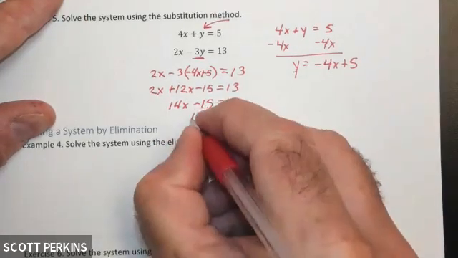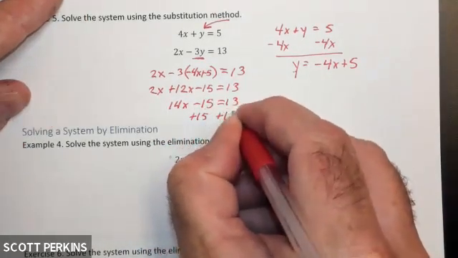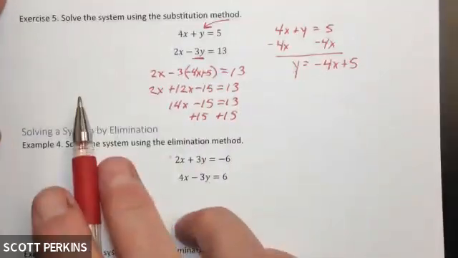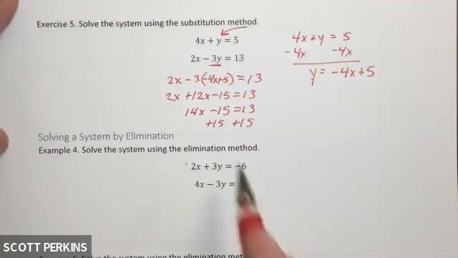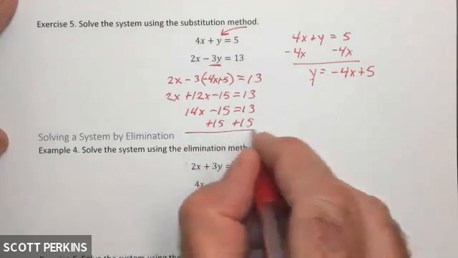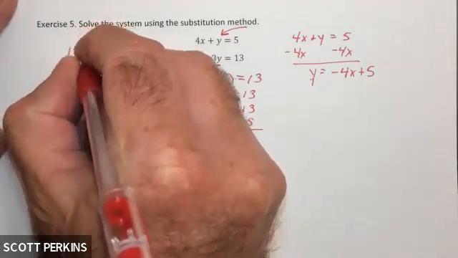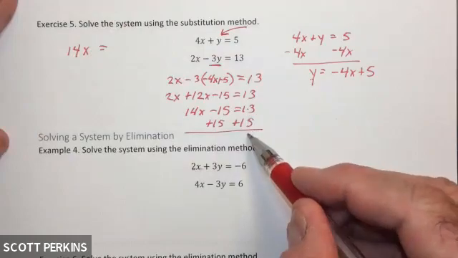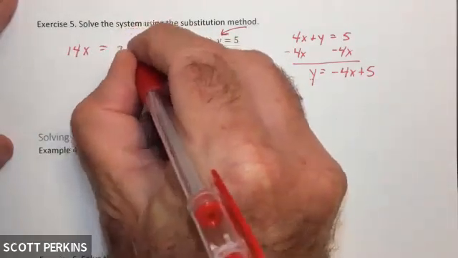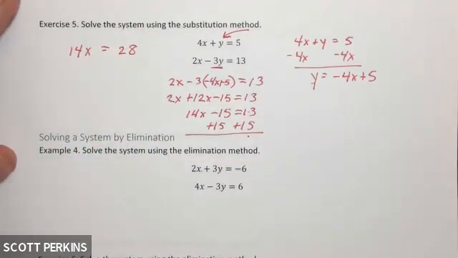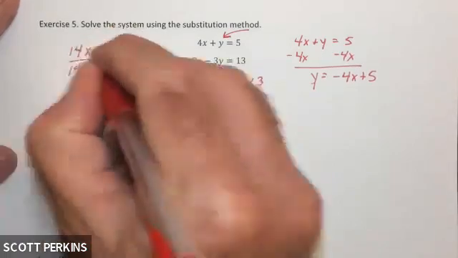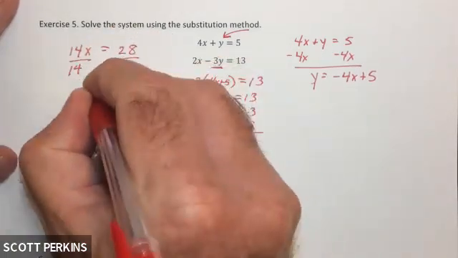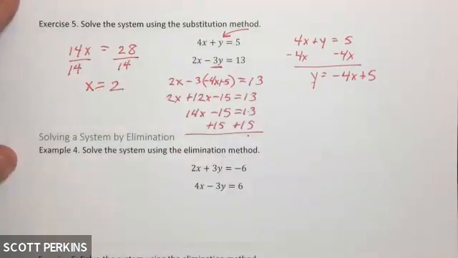I'm going to add 15 to both sides, and if you'll allow me, I'm going to continue up on the left where I have a little more space. So when I add the 15 to both sides of this, I have 14x on the left, and then 13 plus 15 is 28. And then I divide, and that gives me my first part of the problem, and my x value turns out to be 2.